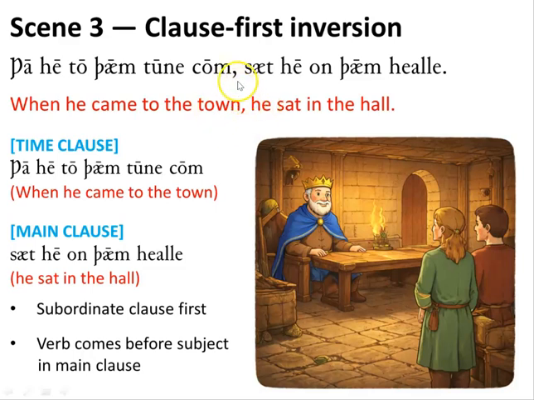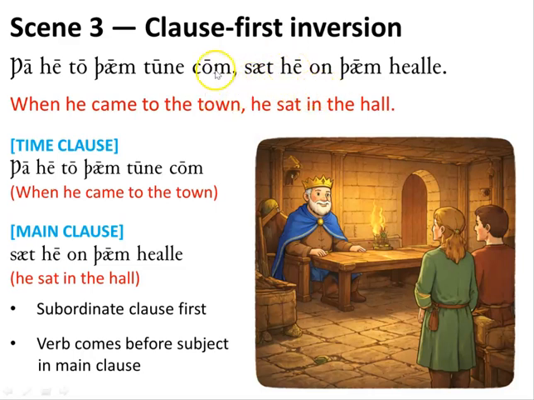Okay. Now, another thing to notice. So normally a sentence would be he sat on tham hele, tha he to tham tuna kom. Notice the verb then would be second here. Subject, the nominative would be first.